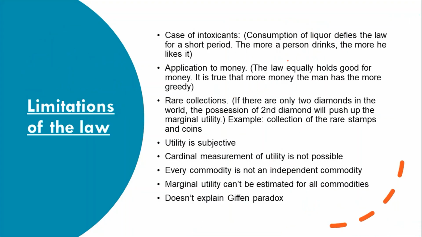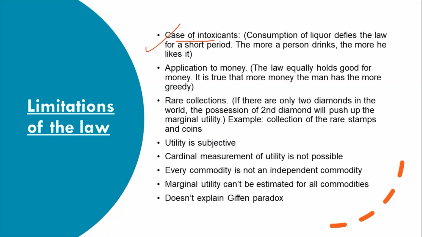Now, however, there are some limitations to this law. This law, of course, tells us how a normal or rational consumer would behave in a particular situation. But it does have some limitations. Some of the limitations are in the case of intoxicants.